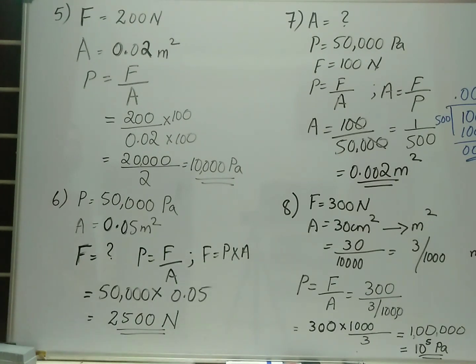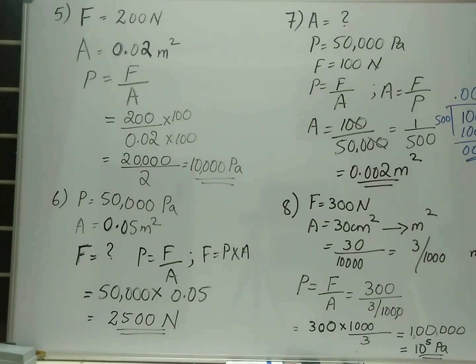So F is equal to pressure multiplied by area. That is 50,000 into 0.05. You know 5 into 5 is 25, and you have to write 4 more zeros, then 2 decimal places. Finally you will get 2,500 Newton.